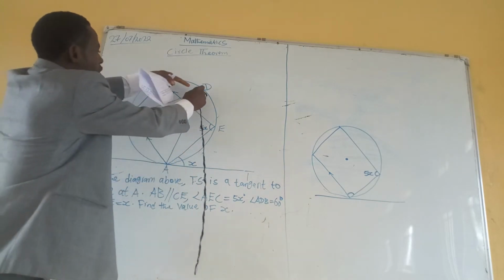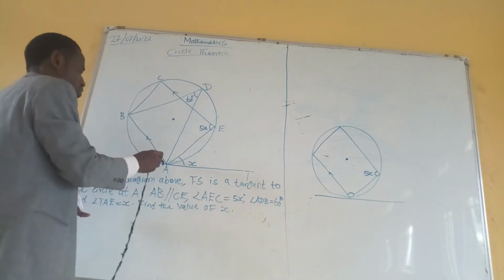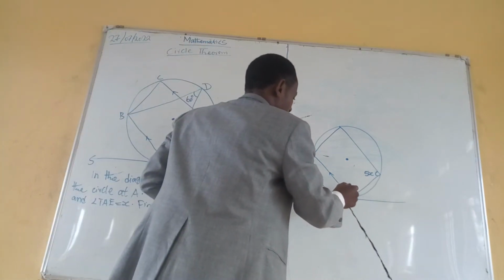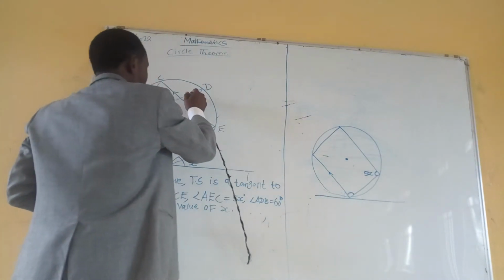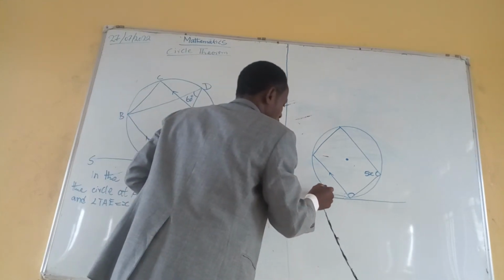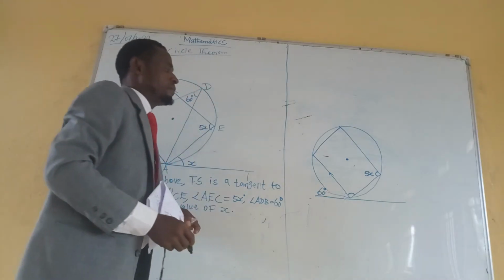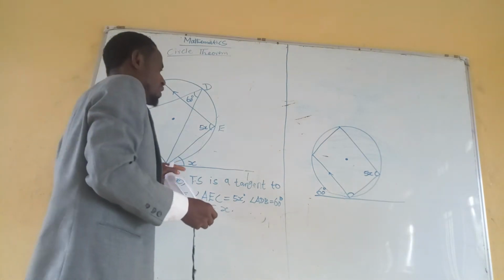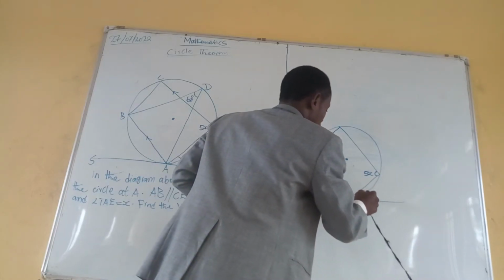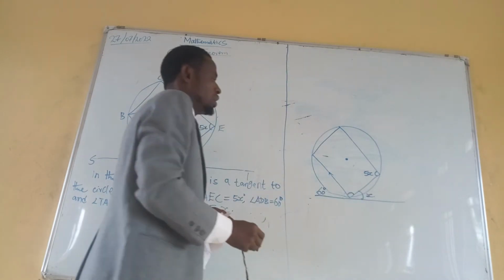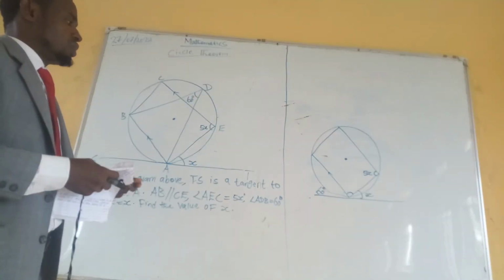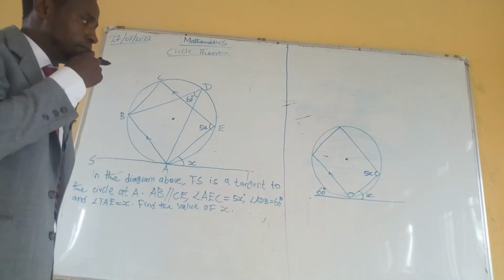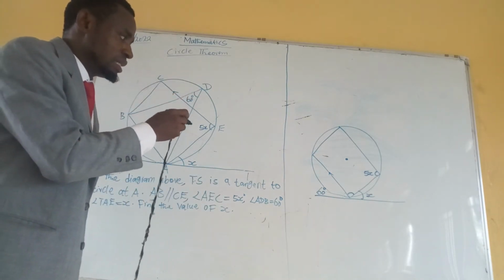This is the angle in the alternate segment to this angle. So we can quickly see that because this angle is 60, this angle is as well 60. And from the question we are told that this angle is X. So if that is X, this is 60.